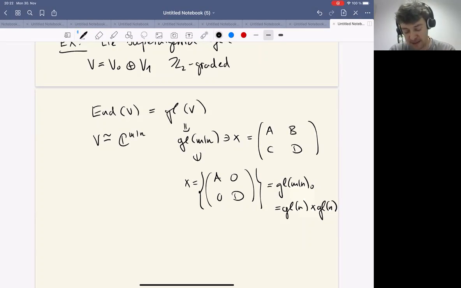This is basically like the usual commutator: [X,Y] is XY minus, but then I throw in an additional minus sign, and the minus sign depends on the parity of the elements X and Y. That makes GL(M|N) and GL(V) into Lie superalgebras. A representation is then just a morphism from GL(M|N) to GL(V) for some Z2 graded vector space V.